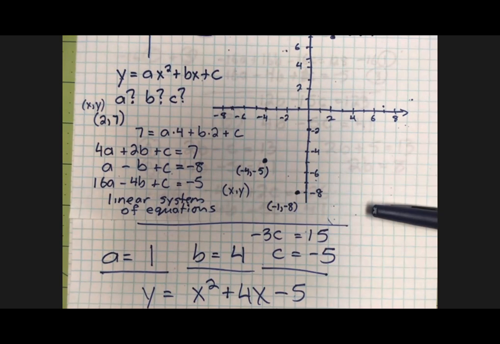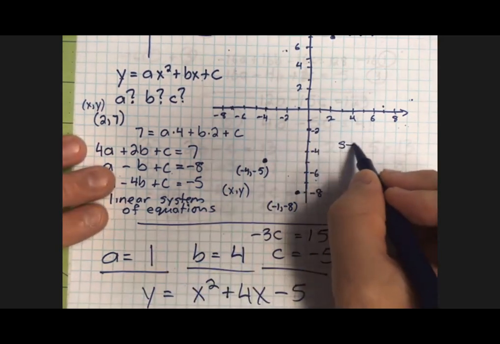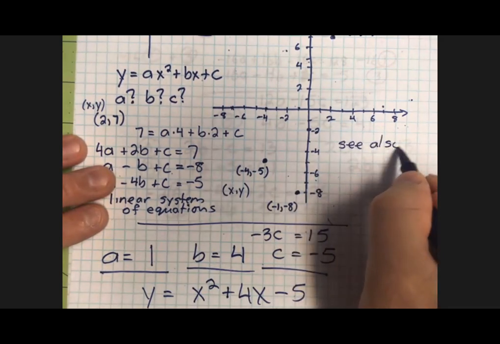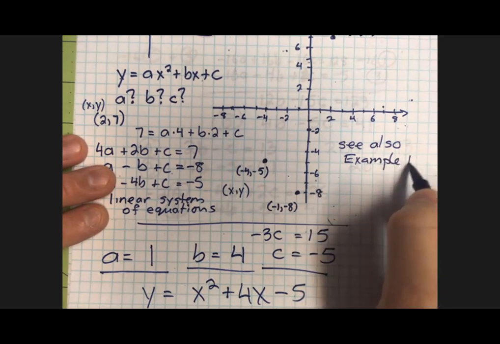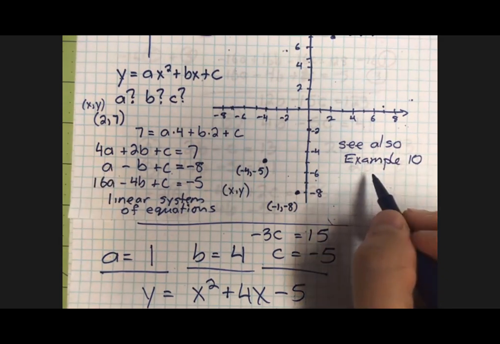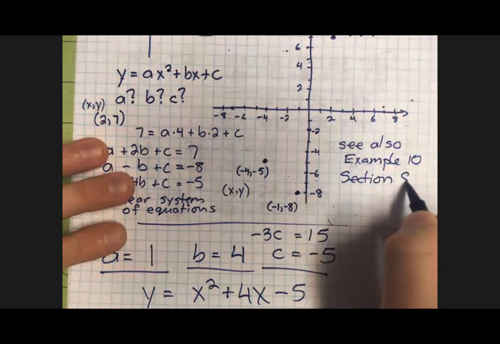Now, if you want to see it done again, he does this also in an example in that section. So you want to try this on your own, kind of, with someone's work next to you. Look at this example 10 in section 8.7.